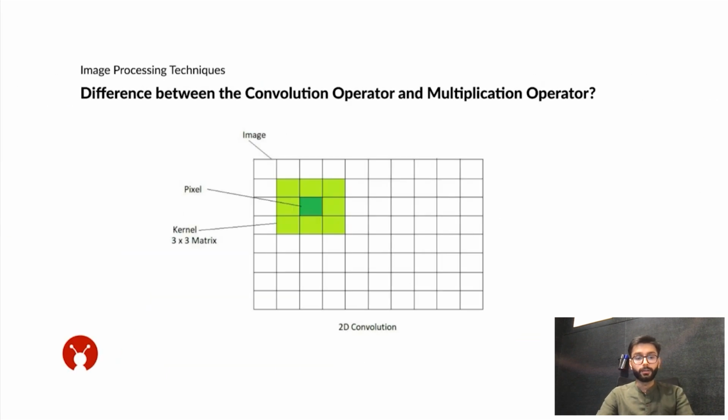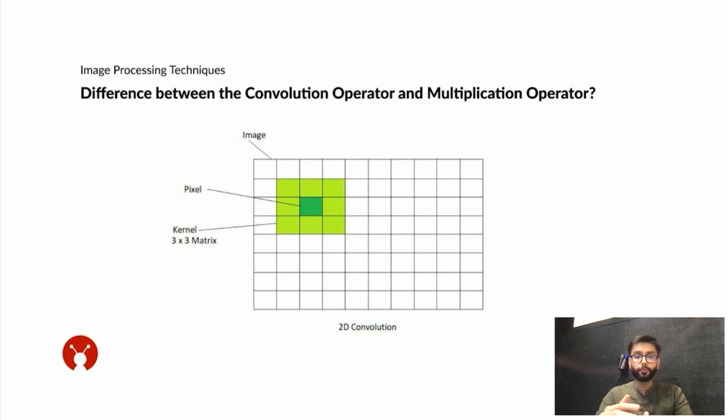Okay, as we are moving forward, let me clear up some basic things in computer vision. There is a huge difference between a convolution operator and a multiplication operator. Multiplication you might have heard previously as well. The convolution operator is very different from the multiplication operator, although they look very similar. What the convolution operator does is, you have a specific size of matrix, and you have a kernel as well.